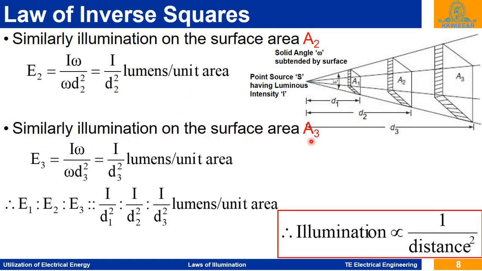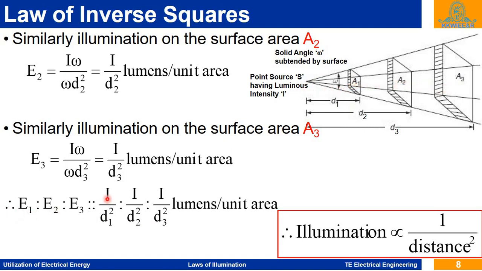Similarly, the illumination level for surface area A3 is E3 equal to I upon D3 square. And if we take the ratios of E1 is to E2 is to E3, we get I upon D1 square is to I upon D2 square is to I upon D3 square. D1, D2, D3 are the distances from this point source to this area A1, A2, A3.